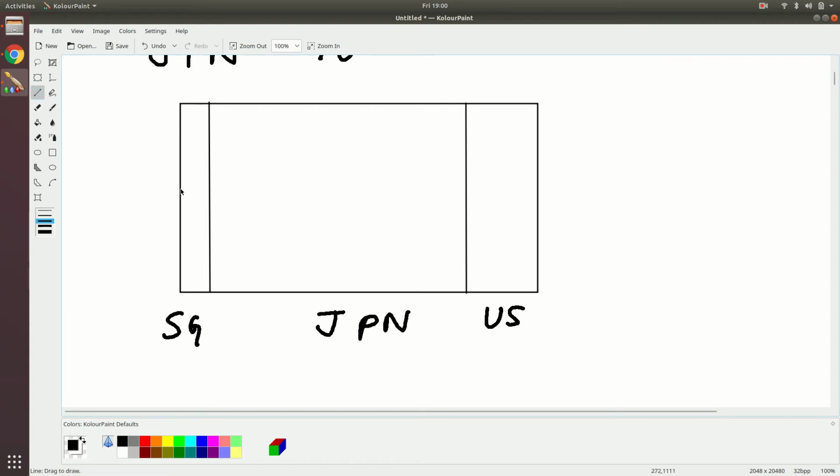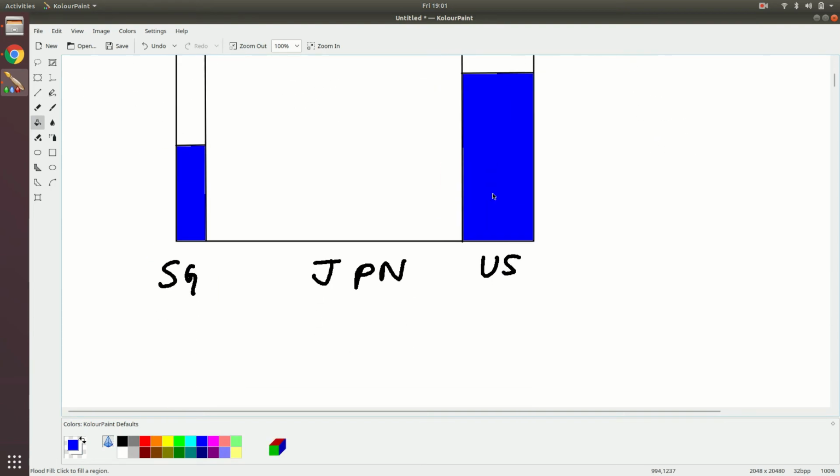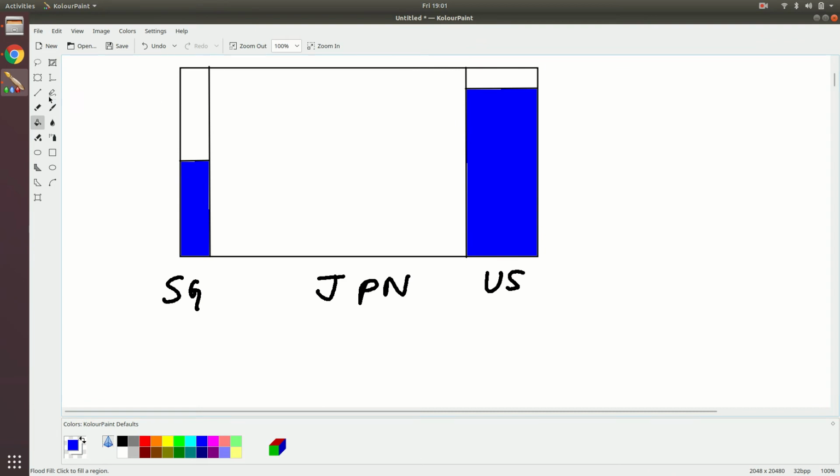Okay, so in Singapore there are two types of people, half the people are male and half are female, so we will draw a line in the middle. US has 18 females, so let's draw to indicate that. We will color the region of female in blue. So these are all Singaporean females, these are all US females. So there are 18 US female students, and there are 10 Japanese female students.